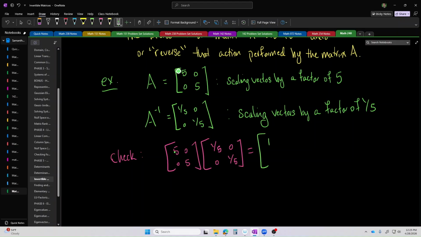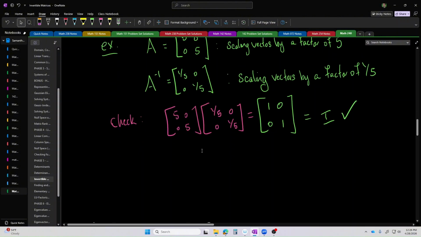If I do the first row times the second column, that dot product would give me 0. If I do the second row times the first column, that dot product would give me 0. And if I do the second row times the second column, that dot product would give me 1.